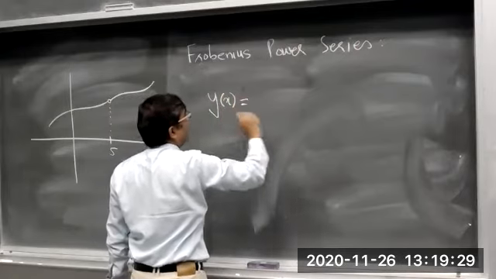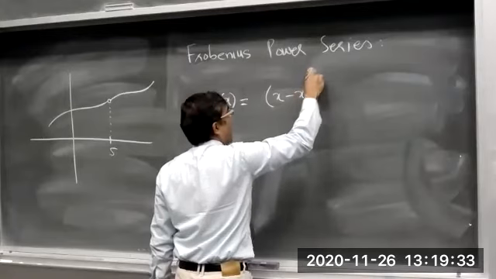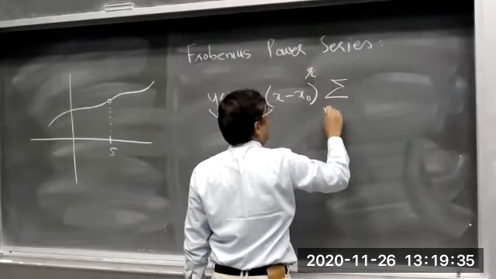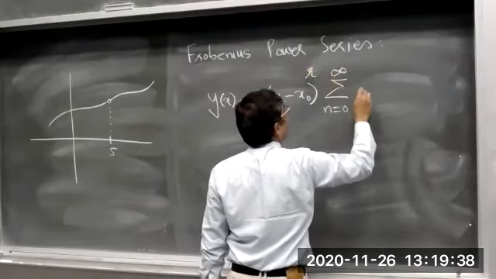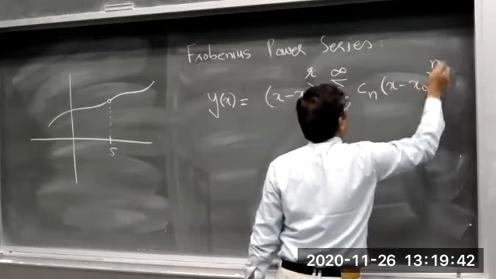It is what y of x, we assume that x minus x naught whole raised power r summation n from 0 to infinity cn x minus x naught whole raised power n.